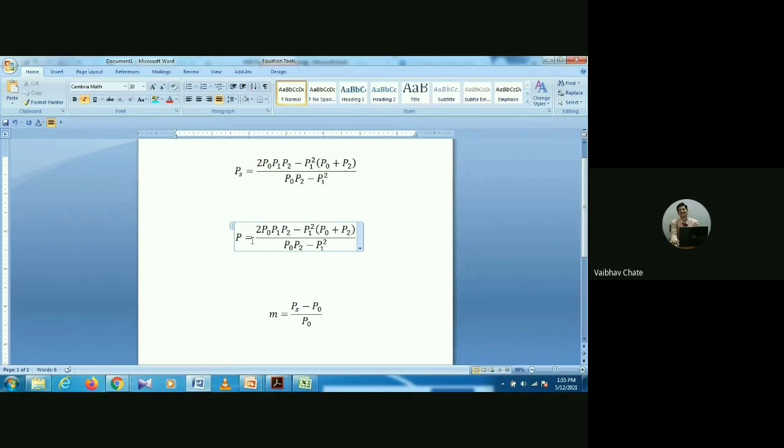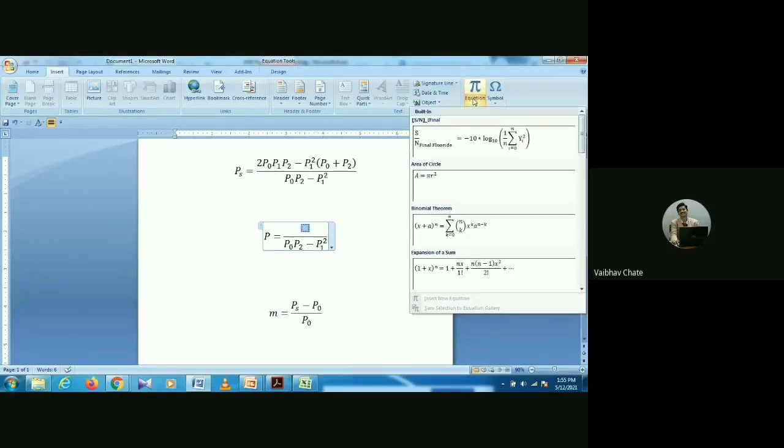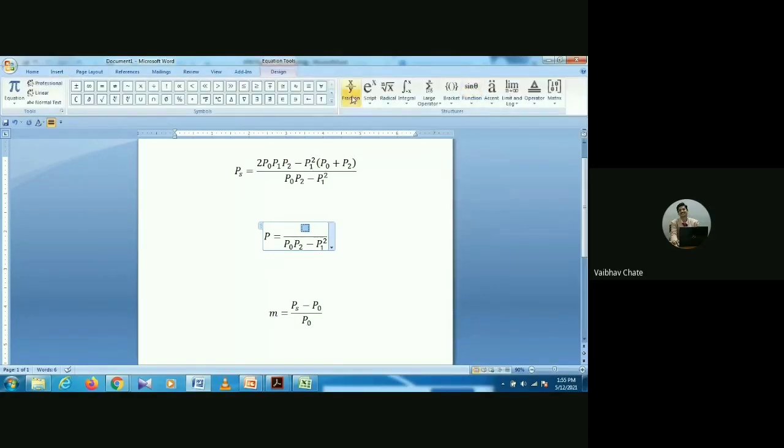In that case, this one is of no use to me because I already found out the saturation population value, so I might have to use the saturation population value.